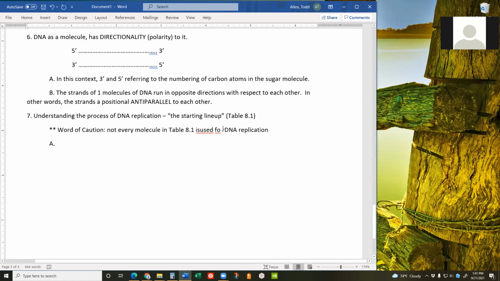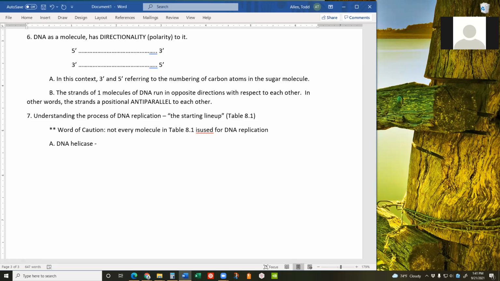It's just something you'll have to wrestle with after exam 1, when you're back looking at this. Okay, let me give you the starting lineup. First we have DNA helicase. In table 8.1, it's simply listed as helicase.